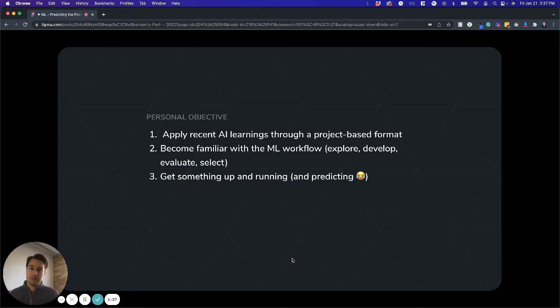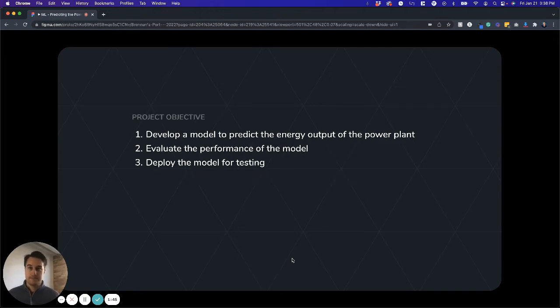So my personal objective for this was really just to apply my learnings through firsthand experience, through a project-based format, to continue to solidify my understandings of ML and the workflows involved, and then really just get something up and running and start predicting, right?